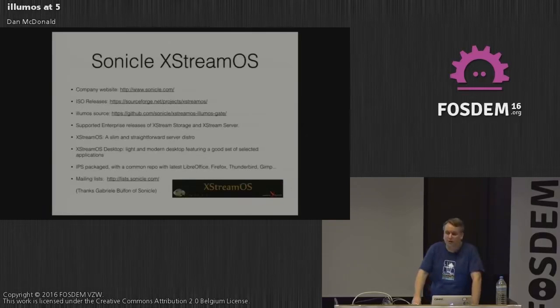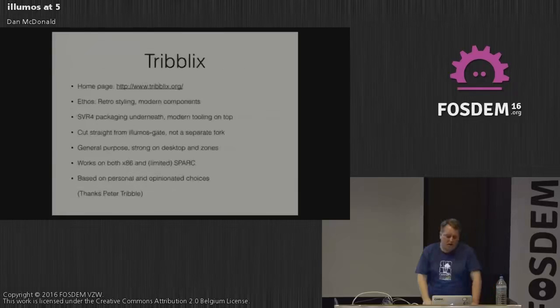In Italy, Gabriele Bofan is working on Sonicle's XStreamOS. There are ISO releases and a company website, and it's slim and straightforward. They have a desktop version and a server version, and it's IPS packaged, and I believe you can pay them for support as well. Yeah, I'll talk about that after we're done with the other distros.